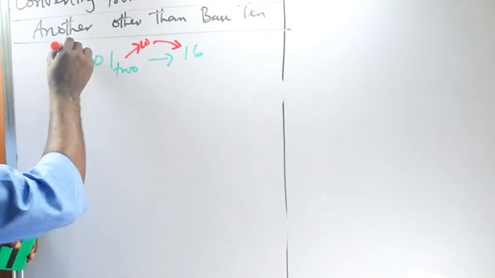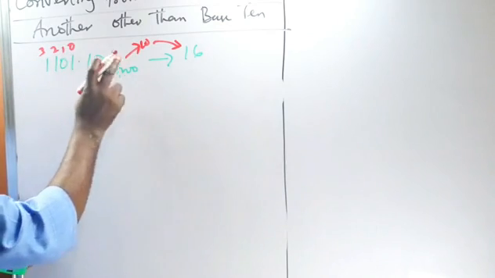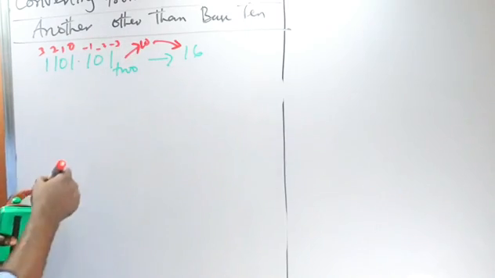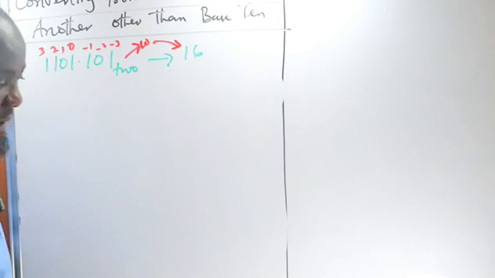So this will be 0. Don't forget this decimal point. 1, 2, 3. We don't start from here. So this will be minus 1, minus 2, minus 3. So we then expand.